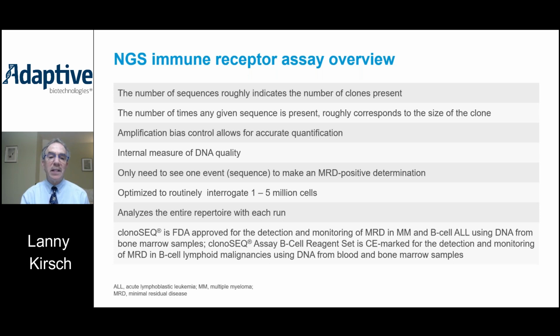Amplification bias built into the assay that controls for bias allows for accurate quantification. There is an internal measure of DNA quality. One only needs to see one event in order to make an MRD positive determination. The assay is optimized to routinely interrogate 1 to 5 million cells. It analyzes the entire repertoire with each run.